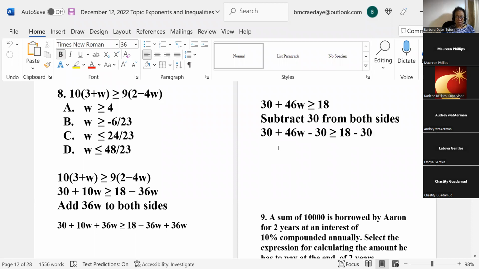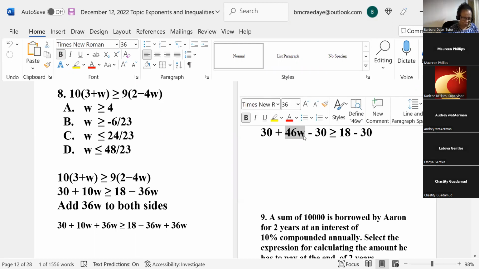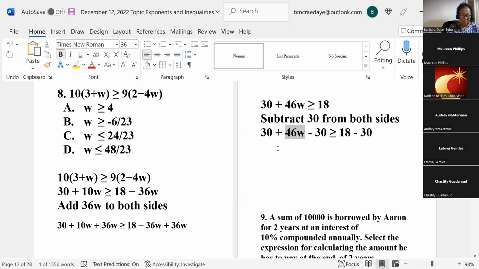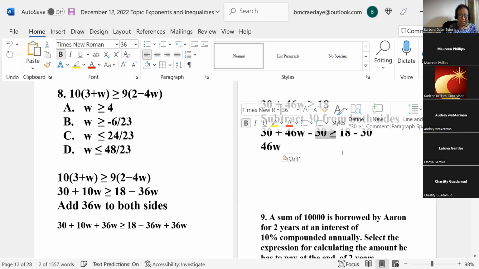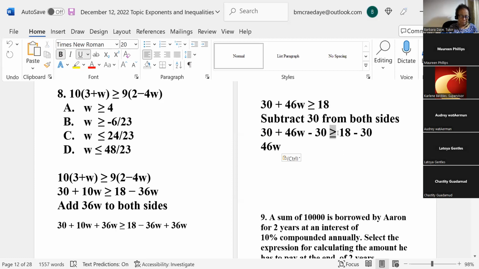You're not throwing away 46. So what should I write on the left side of this inequality? 46W. That's it, Maureen, just 46W. Greater than, now, Maureen, what is 18 minus 30? Minus 12. Very good, Maureen.